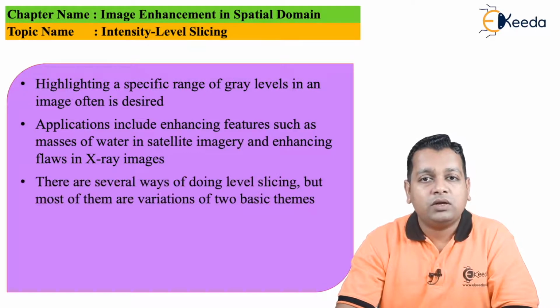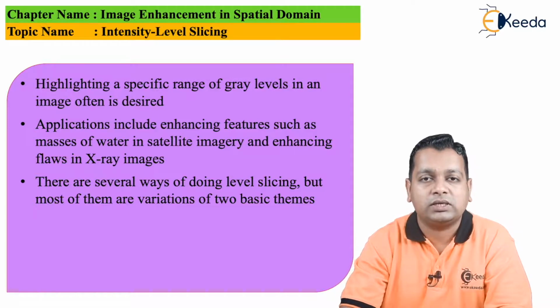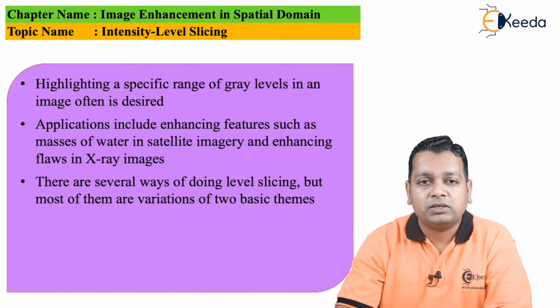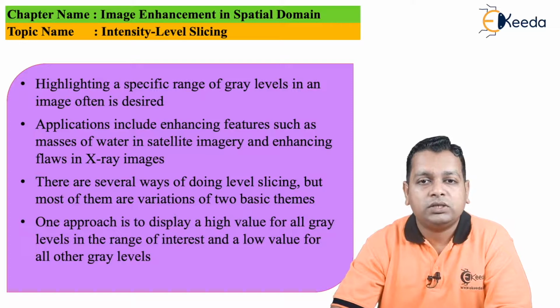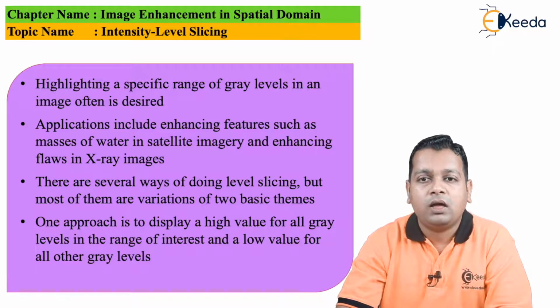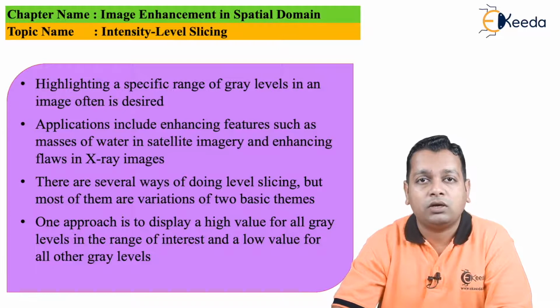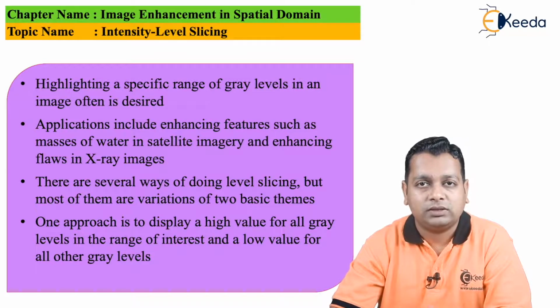There are several ways of doing this slicing, but most of them are variations on the two basic themes that we are going to discuss. The first approach is to display high values for the intended gray levels and a low value for all other gray levels that are not of interest.